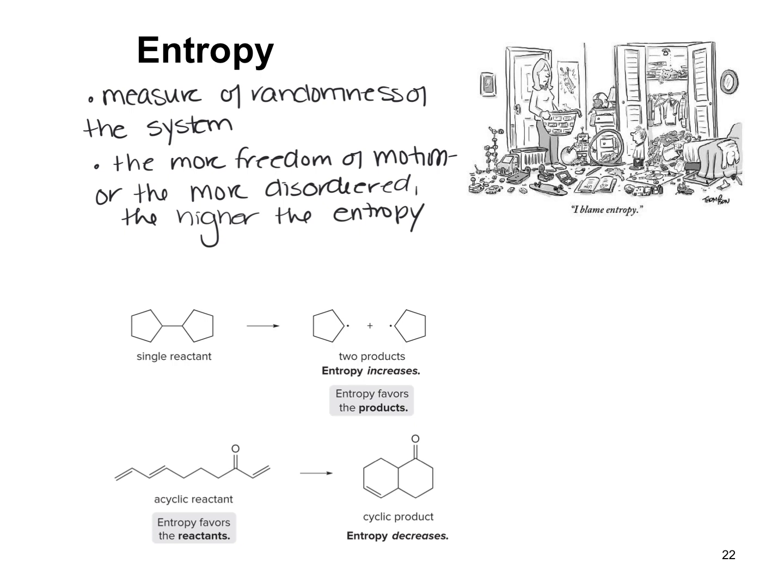So, for example, gas molecules move more freely than liquid molecules. They're higher in entropy. Cyclic molecules have more restricted bond rotation.